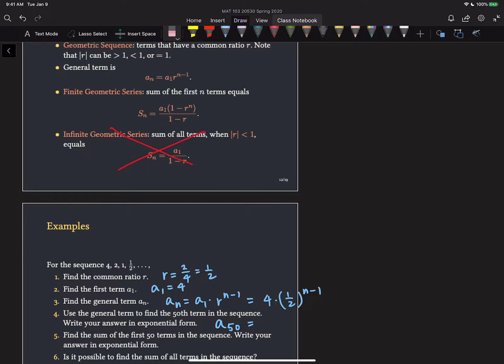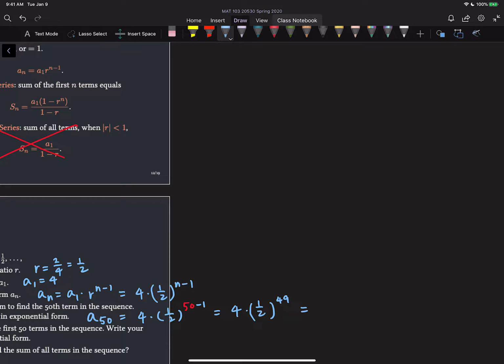Oh, actually we have the formula right there, right? We don't need that. So you simply do 4 times 1/2 and then replace n with 50. So this is 50 minus 1. And that is equal to 4 times 1/2 raised to the power of 49.